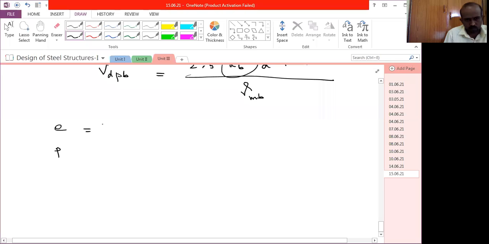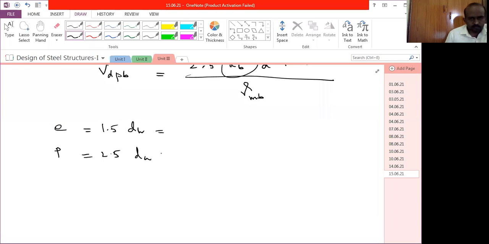Edge distance we will assume 1.5 times the diameter of the bolt hole, 2.5 times minimum. Okay. Diameter of the bolt hole, how much is it coming? Edge distance. 1.5 times the diameter of the bolt hole will be 22.